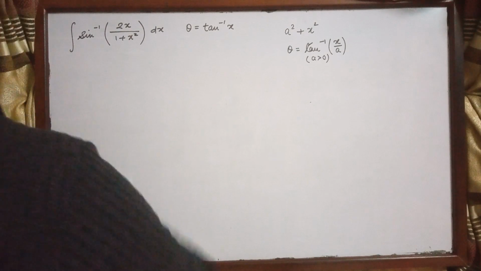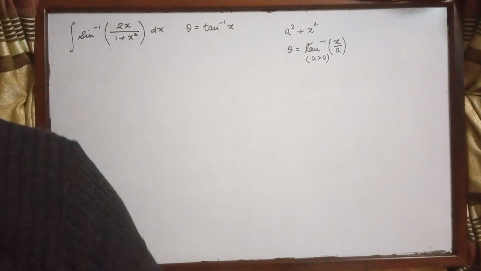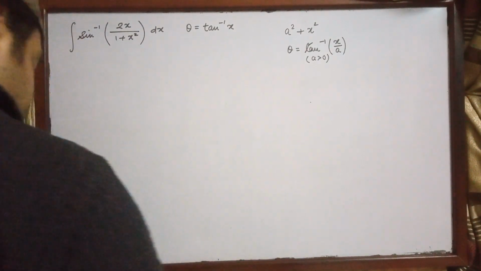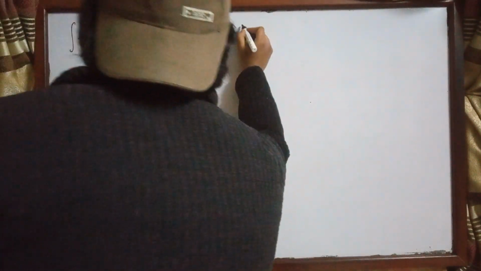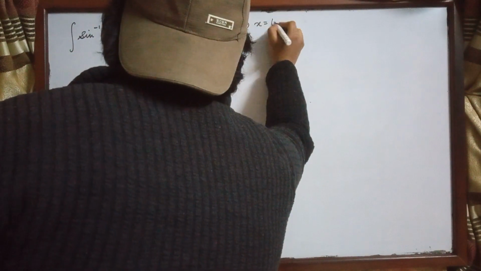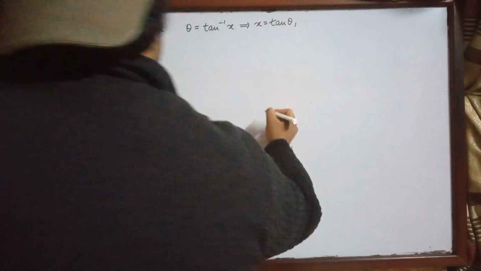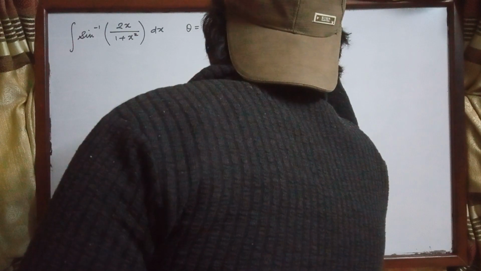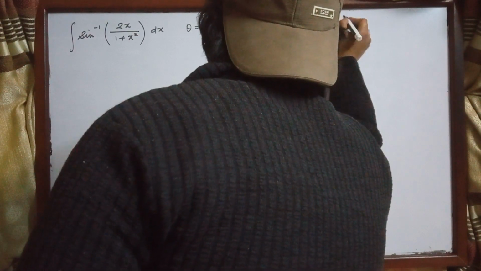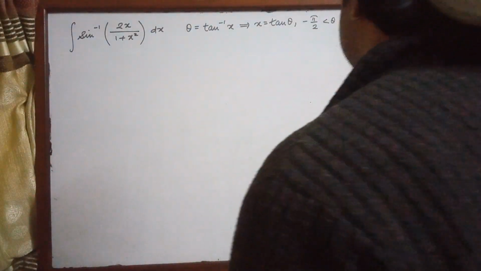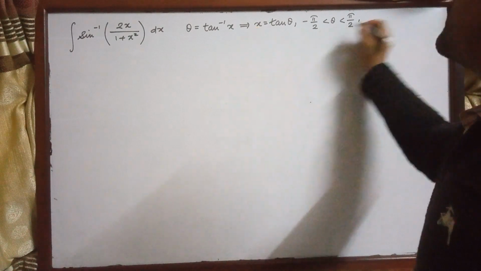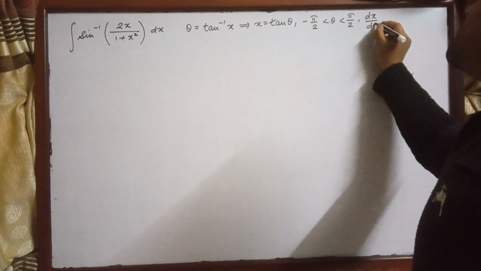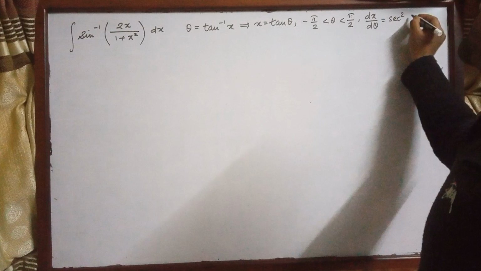Now, theta equals tan inverse of x. This gives us a lot of things. Some of those things are x equals tan theta, theta being between minus pi by 2 and pi by 2, and the derivative of x with respect to theta being sec squared theta.